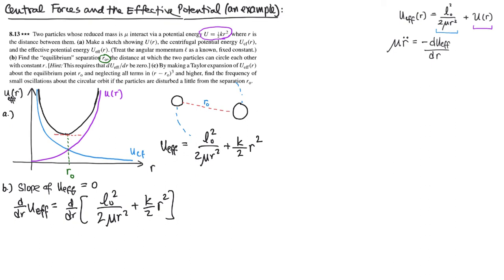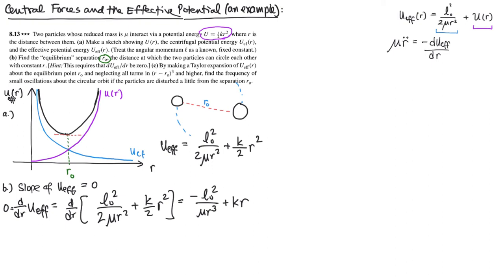When we make that derivative, we'll get a minus L naught squared over mu r cubed plus kr. So that's the spring force, k times the stretch, and this is the centrifugal force, the 1 over r cubed force. And we need that to be 0 in order to have a zero slope.